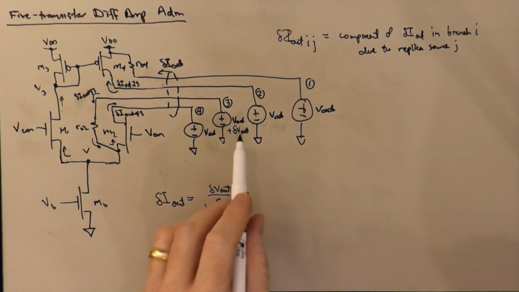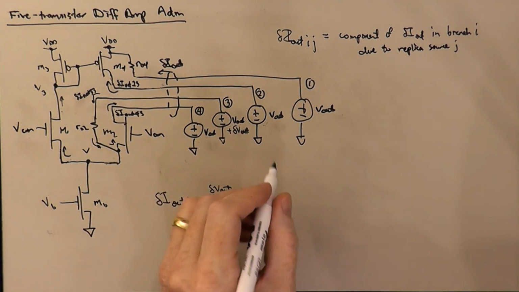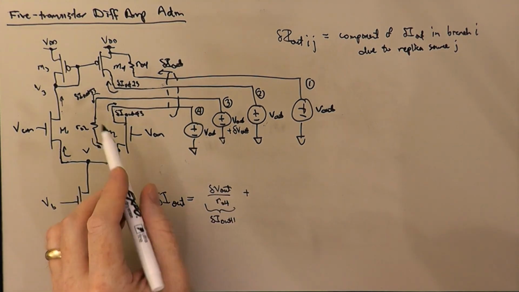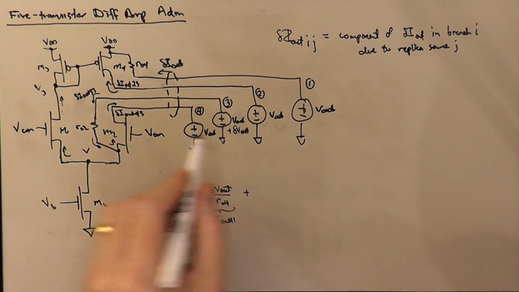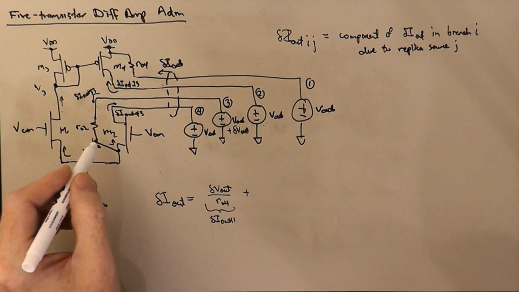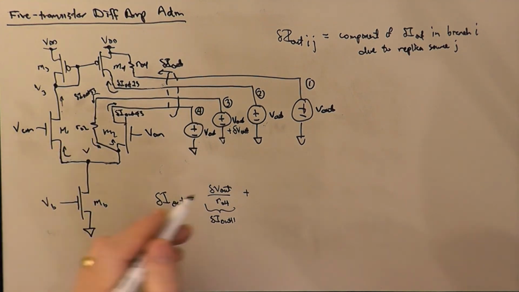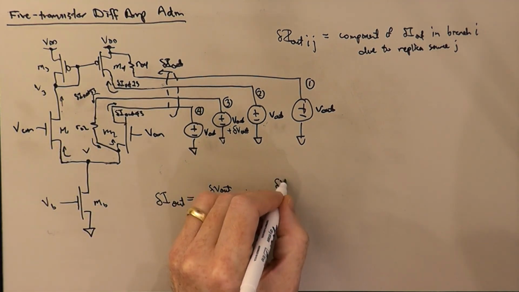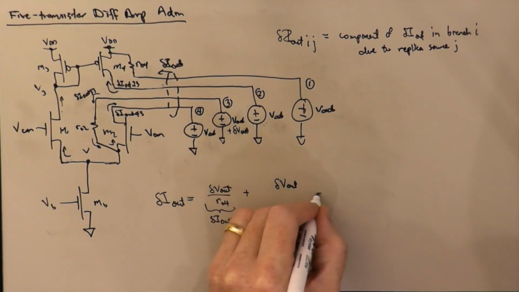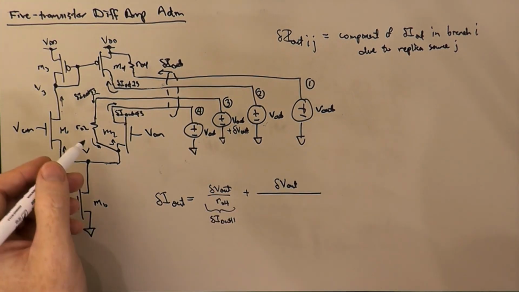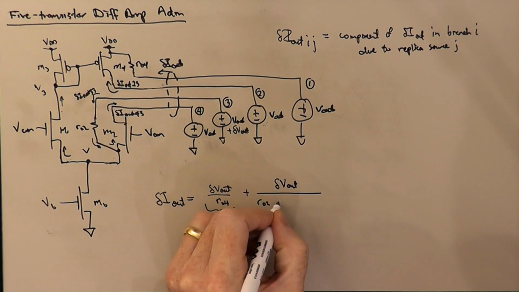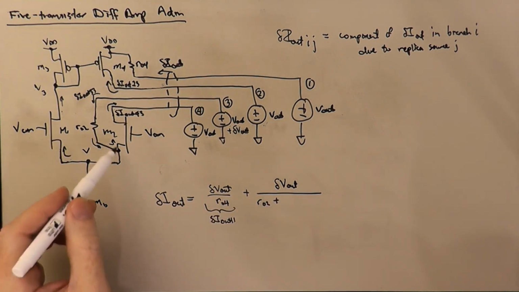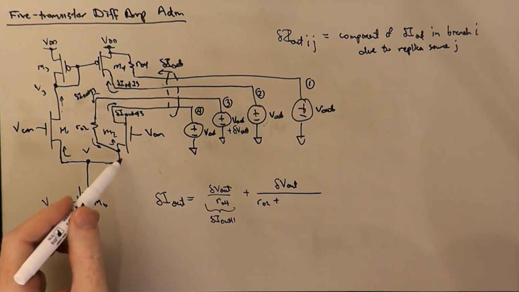So our original delta I out 3,3 is going to be given by the delta V out divided by the incremental branch resistance here. And so that's going to be delta V out over, well, we see RO2 in series with whatever the incremental resistance is down here.